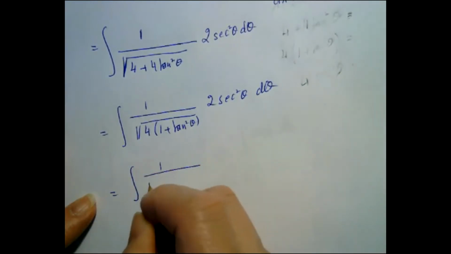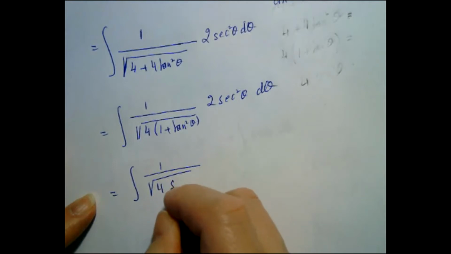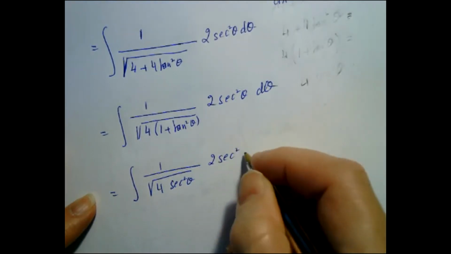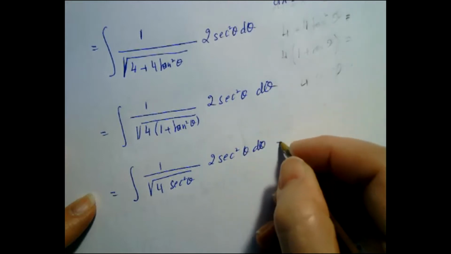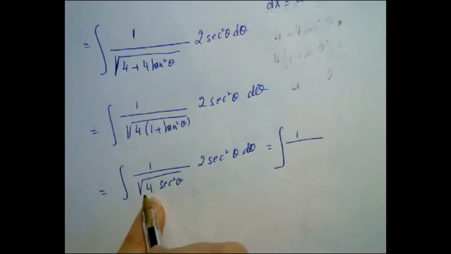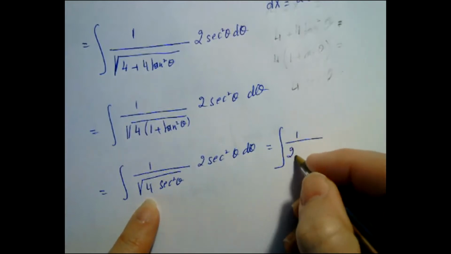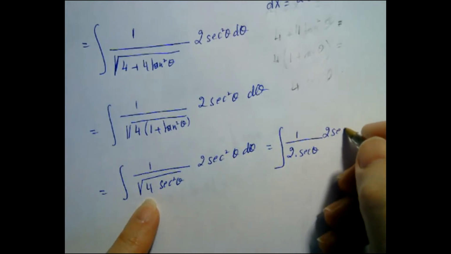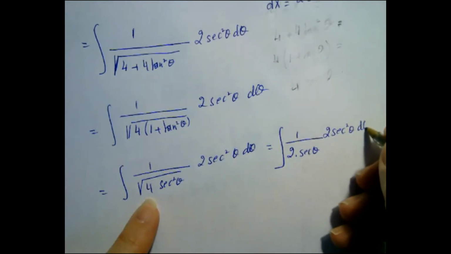That's going to be 1 over the square root of 4 secant squared theta, which would be equal to the integral of 1 over, my whole game is to create a scenario where there is no radical term, so 2 times secant theta, times 2 secant squared theta d theta.